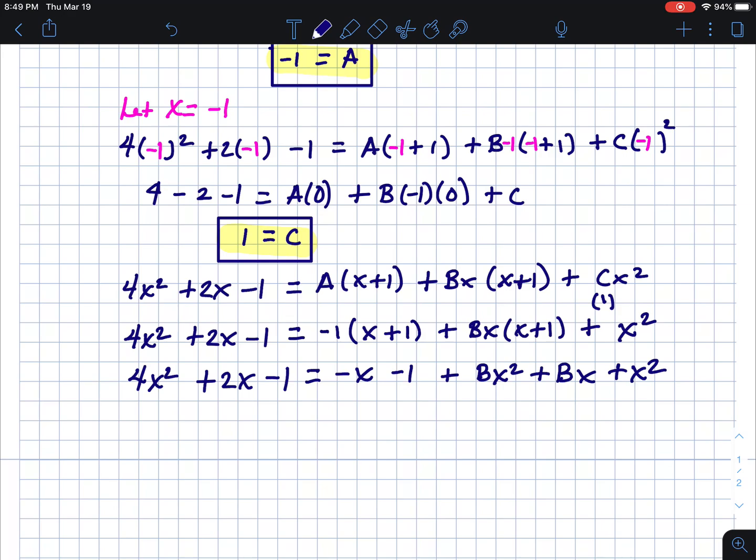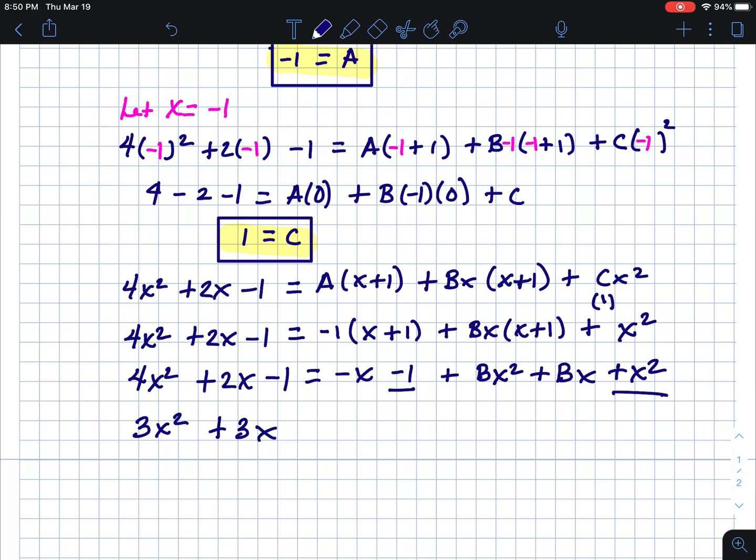So we've got a lot of algebra going on. We're going to combine our like terms. We've got x squared here, subtracting it from there, so we'll have 3x squared. We've got a 2x and an x here, so this is going to be plus 3x.